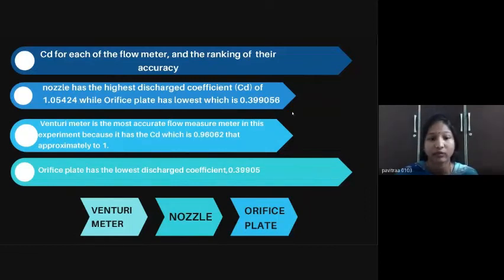The flow meters are made up of different shapes, and the Venturi meter, geometrically shaped, has a smaller friction than the other two flow meters. So the CD for Venturi is the nearest to 1. So the ranking of flow meters according to their accuracy is Venturi meter, nozzle, followed by the orifice plate as the least precise meter. Next slide.